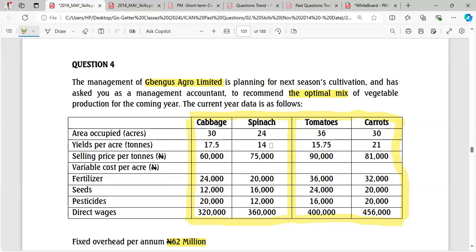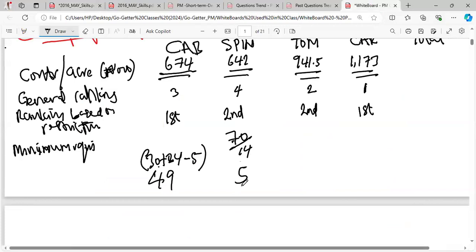So that's the same thing. We are saying that if 14 tons is for 1 acre, and we need to do 70 tons minimum, how many acres will it occupy? That's why we did 70 divided by 14. That gives us 5 acres.